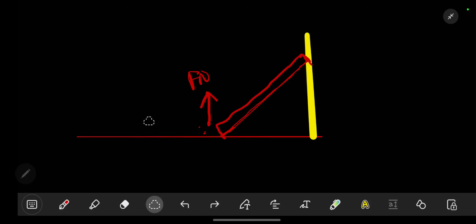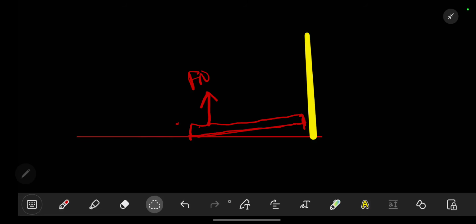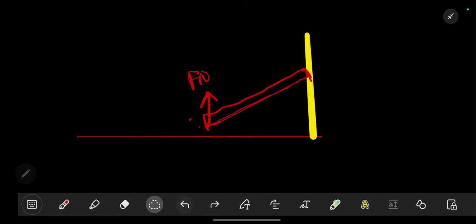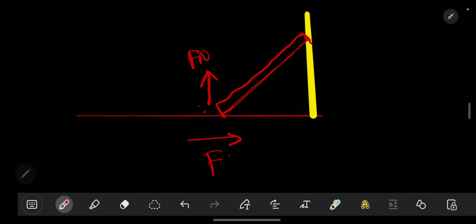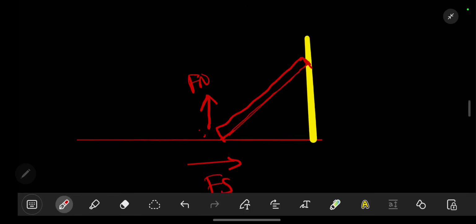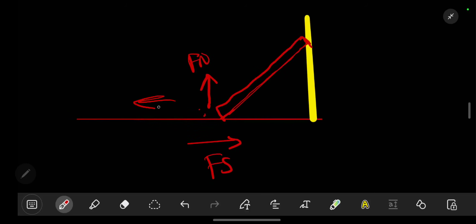To prevent the ladder from falling like that, there should be a force pushing the ladder the other way, therefore making it not slip. This force is what we call the frictional force, because it is preventing the ladder from going in this direction, and frictional force opposes the motion, so it will point in that direction.